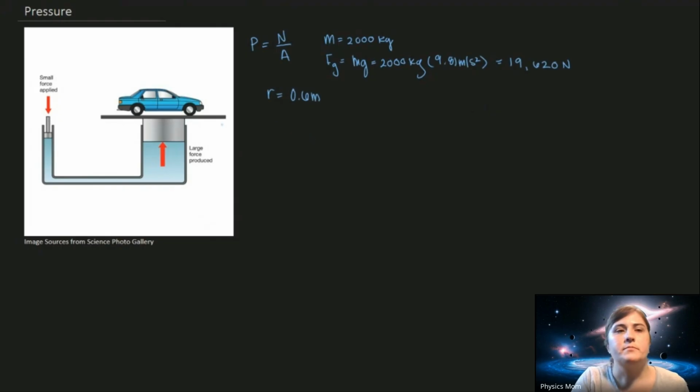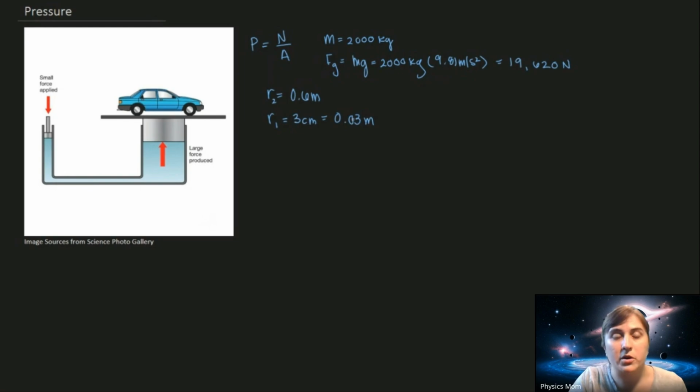Where we apply the force under the hydraulic lift, we'll call the radius R1, and that has a radius of 3 centimeters, which is 0.03 meters.